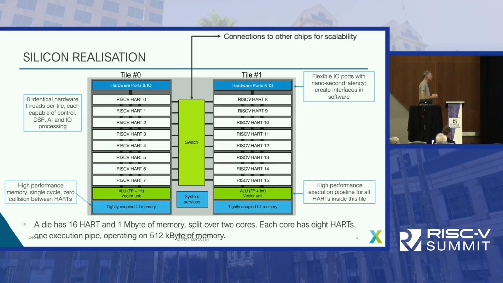So this is a picture of what it looks like. There are 8 harts on the right core and 8 harts on the left core. Each of the cores has a single execution unit that does floating point, integer, and vector arithmetic, and they have a tightly coupled level 1 memory that they communicate with. And then there's a few other blobs on there.